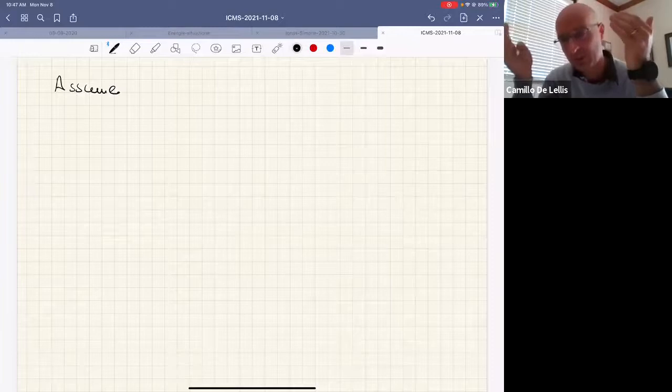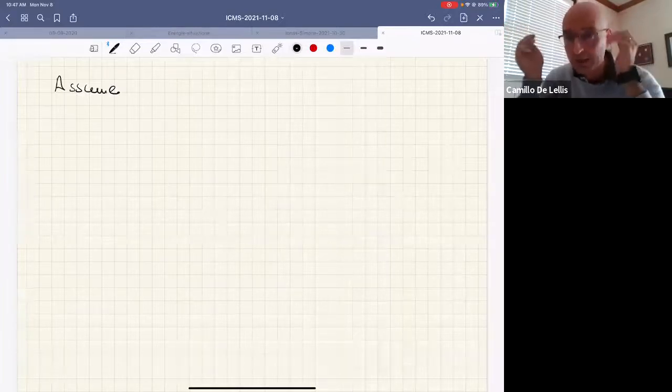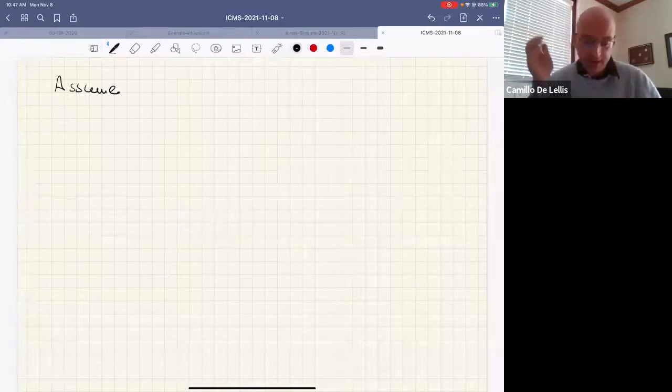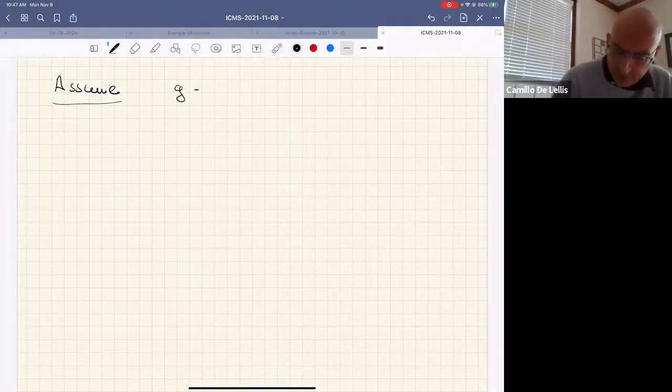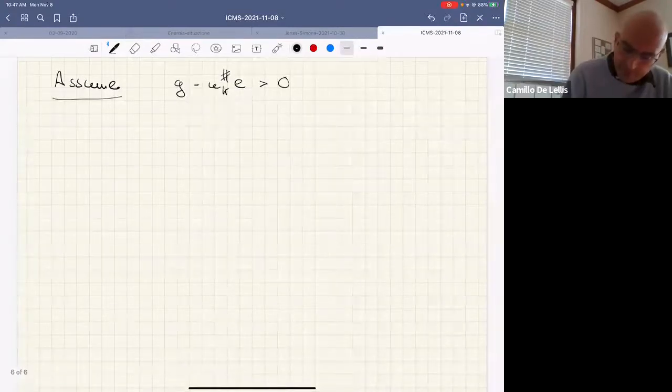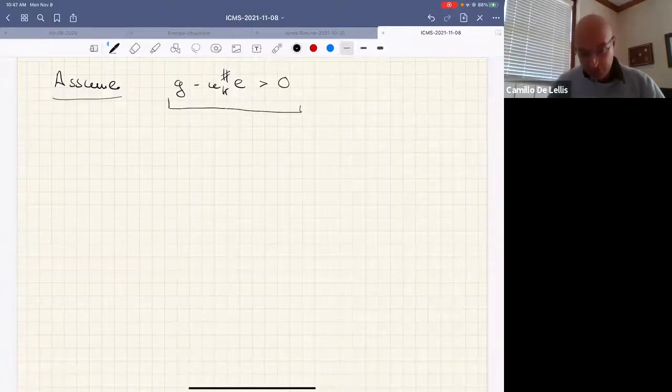There's a convexity constraint which plays a major role in the feasibility of this idea. What I'm going to assume is that this metric error is always a positive definite matrix. So this assumption is crucial.